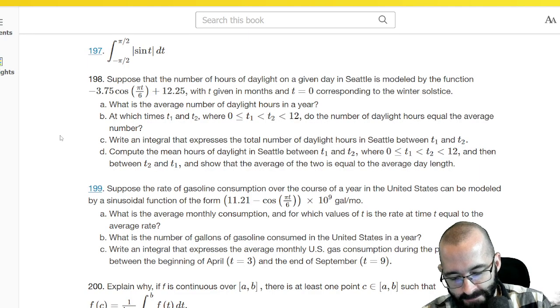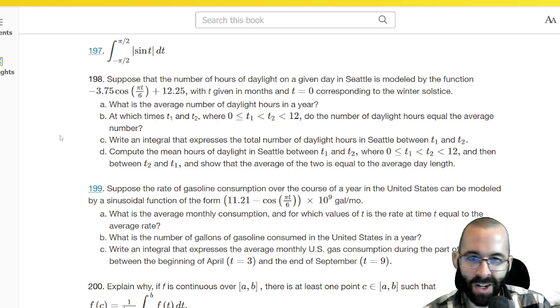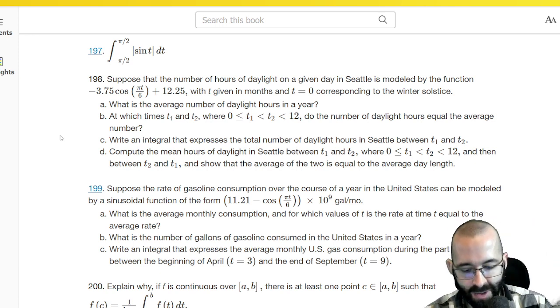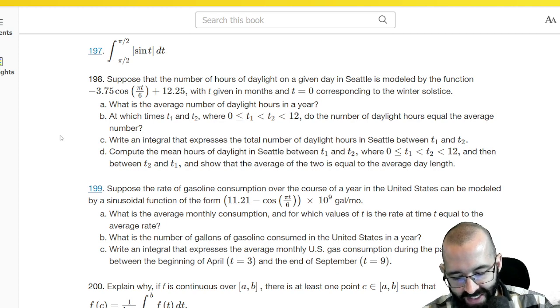And then part D, what is the average number of daylight hours between T1 and T2, and then between T2 and T1. And then show that the average of the two, so from March to September and then September to the next March, not asking for you to go backwards necessarily, but it will be equivalent, is equal to the average day length.